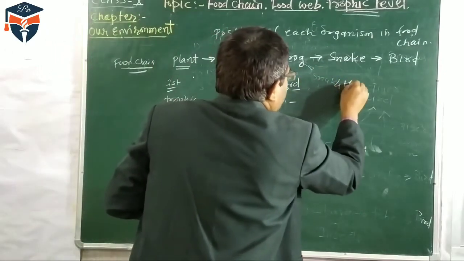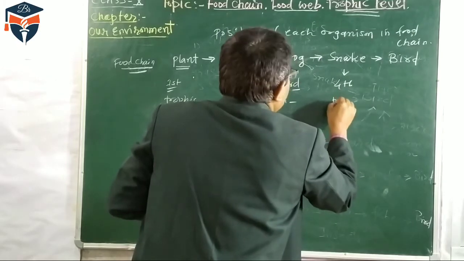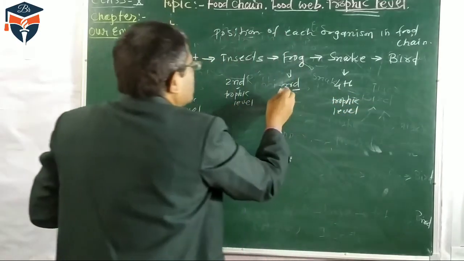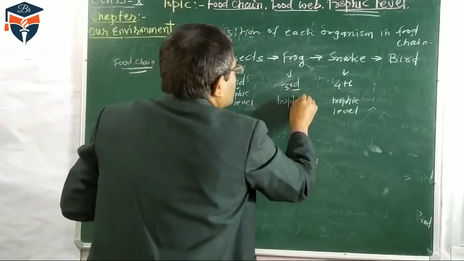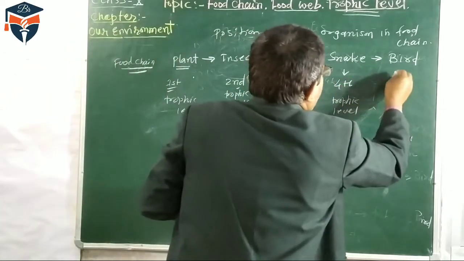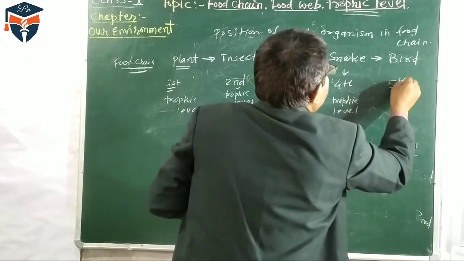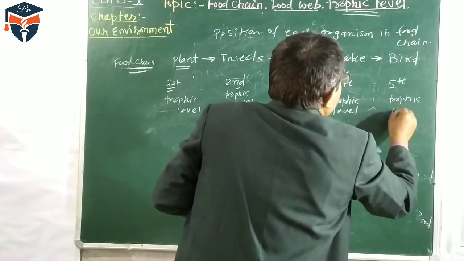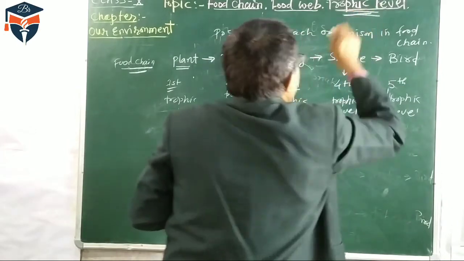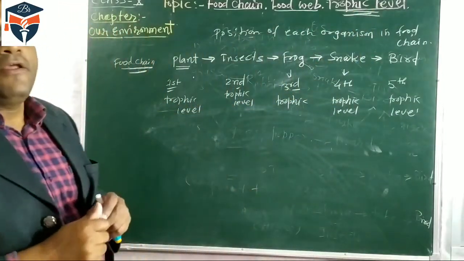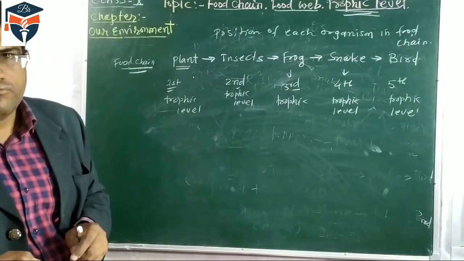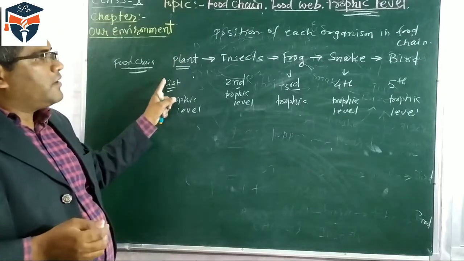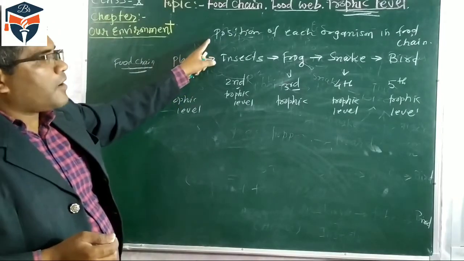Snake is in fourth position in this food chain, so it is called the fourth trophic level. Then birds, it is on the top trophic level here. It represents the fifth trophic level of the food chain. So food chain's trophic level we can very easily understand. It is the position of an organism in the food chain, and it is called the trophic level.